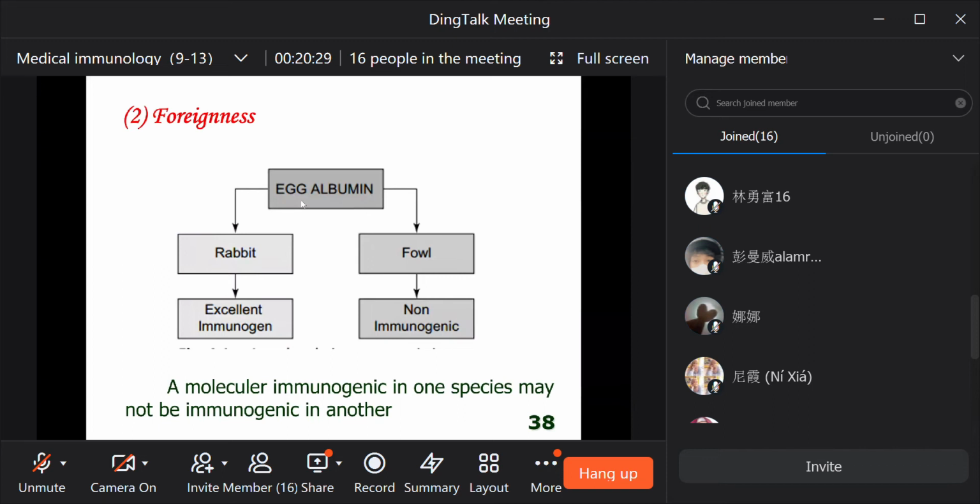For example, the example will be useful for understanding this part. Here shown is egg albumin. The egg albumin is injected into a rabbit and the fowl.